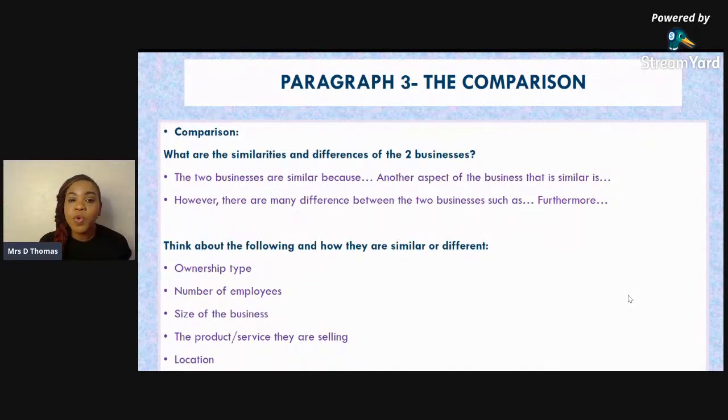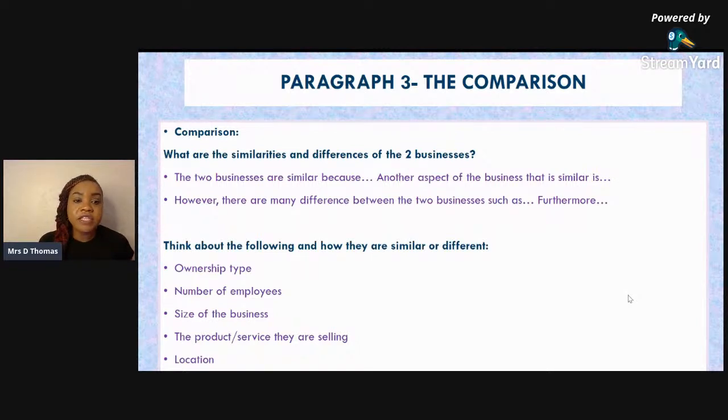these are just some of the wording that you'll need to use. Another aspect of the business that is similar is... so these are some of the wording. Please use comparison words when you are writing up this section of the assignment.